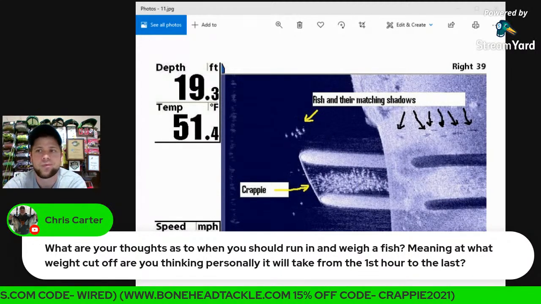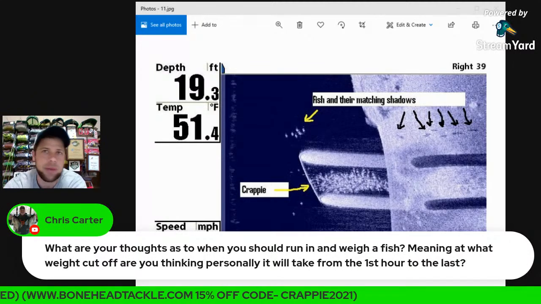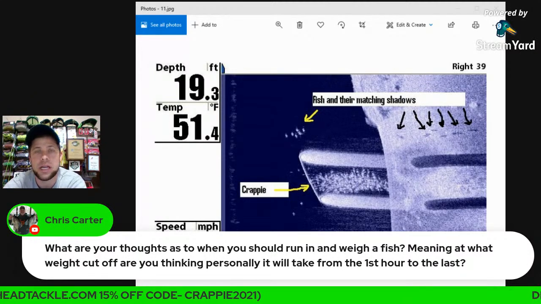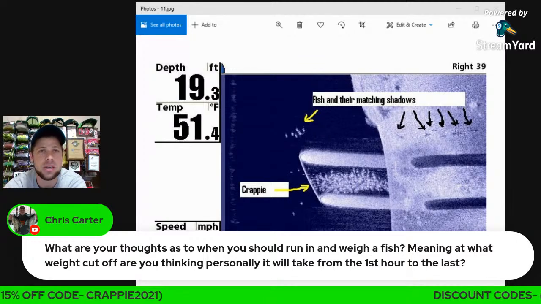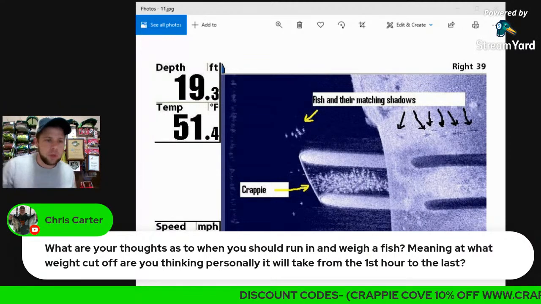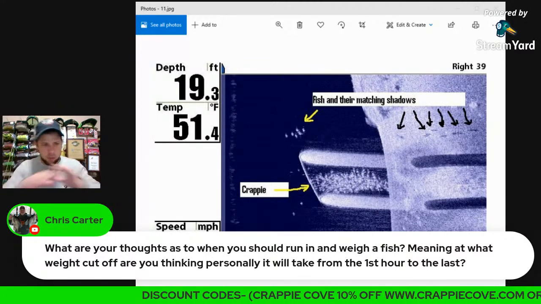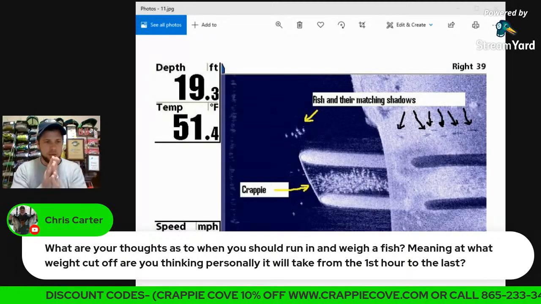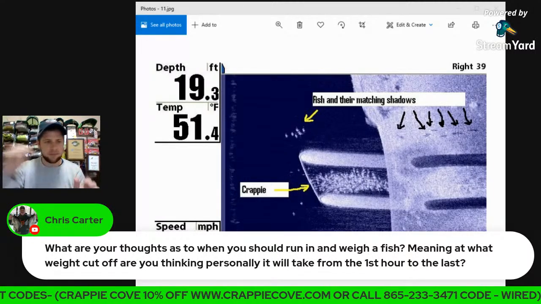It may take a 2.5 pounder to win one hour, and it may take a 1.5 pounder to win the next. When you pull up to the weigh-in site, there will be a whiteboard that shows everybody the biggest fish of the hour.